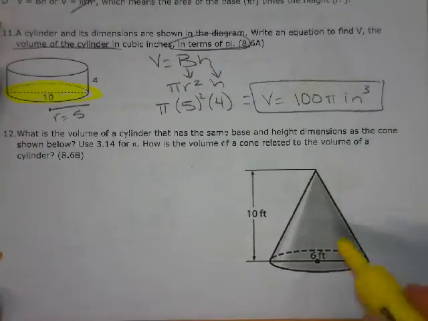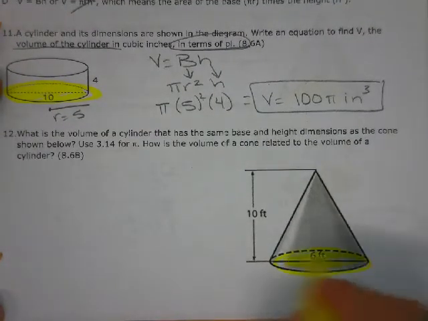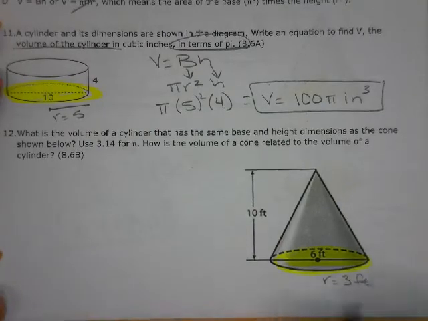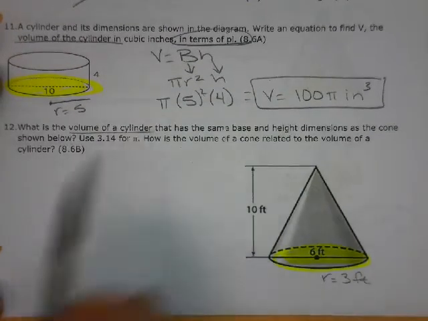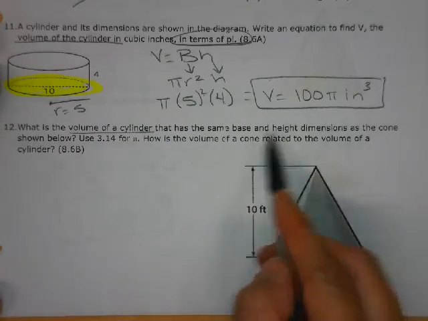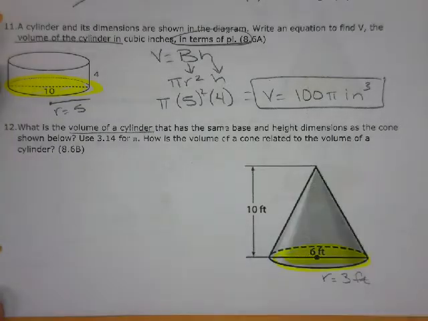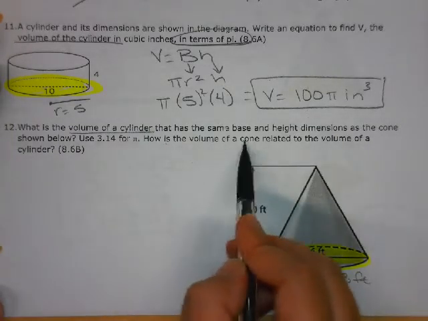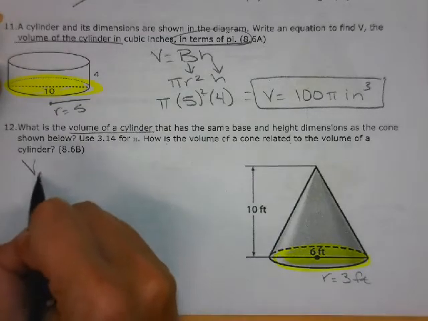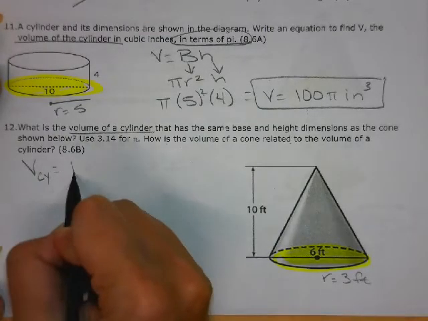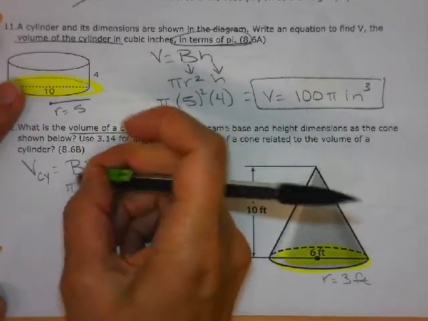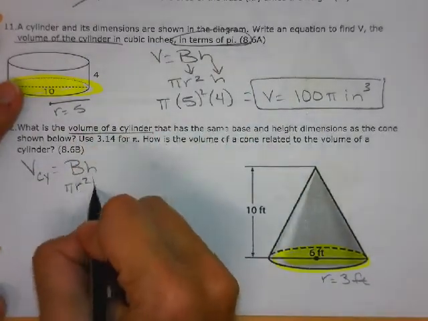Here is your last one on your review. Again, you have a diameter, so make sure you're marking the radius. What is the volume of the cylinder? This is a cone that has the same base and height. So how is the volume of the cone related to the volume of the cylinder? So we know that volume of a cylinder is big BH, where we have pi r squared h.